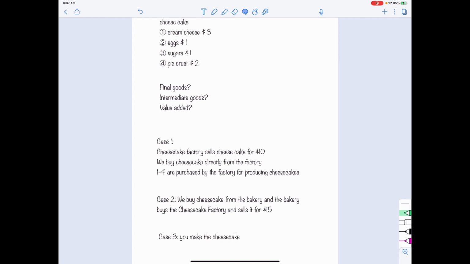The value added for the sugar producer is $1, and the value added of the pie crust producer is $2. And then under this case, the value added will be 3 plus 1 plus 1 plus 2, which equals 7.